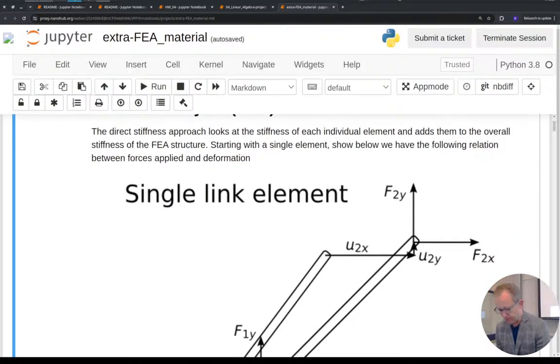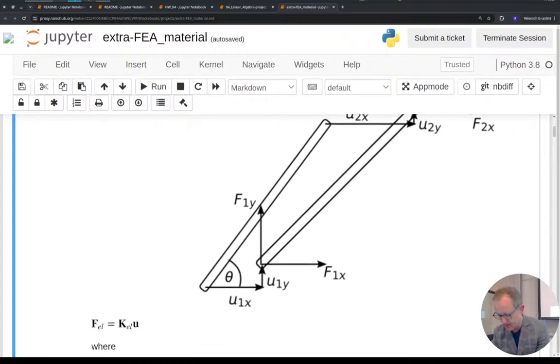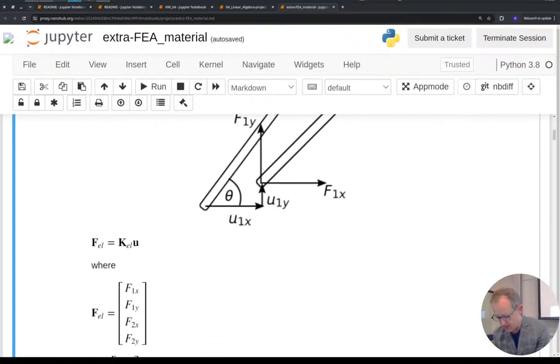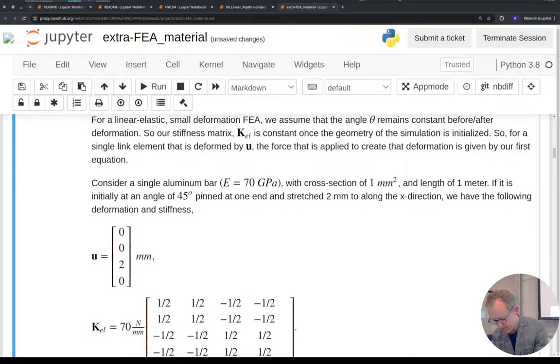But if you're looking for why the matrix looks like this, this is kind of why. Before, in all the homework problems, it was all just springs stretching in 1 dimension. Now we have springs stretching in 2 dimensions. That's the difference between the homeworks and this one.